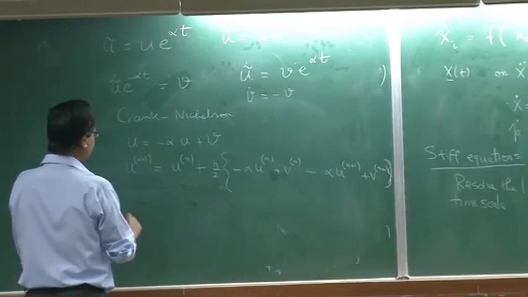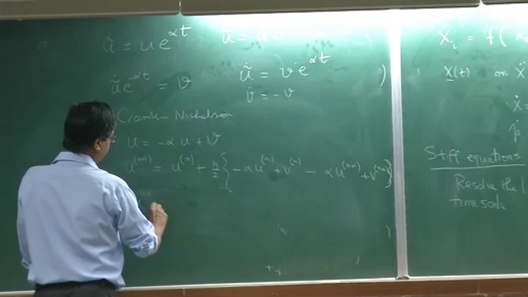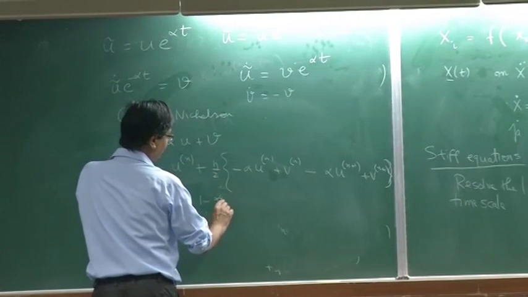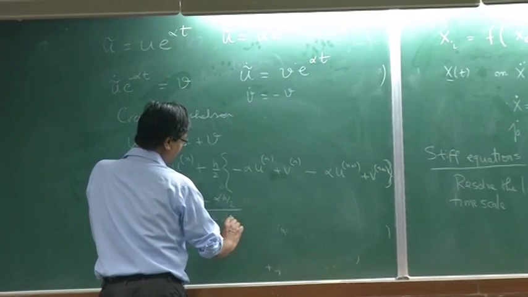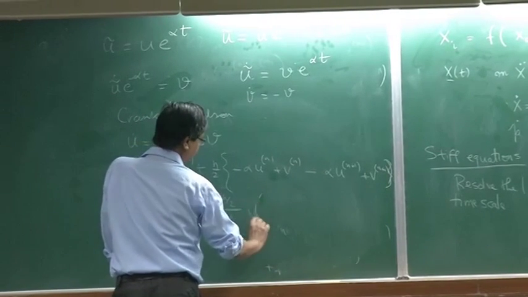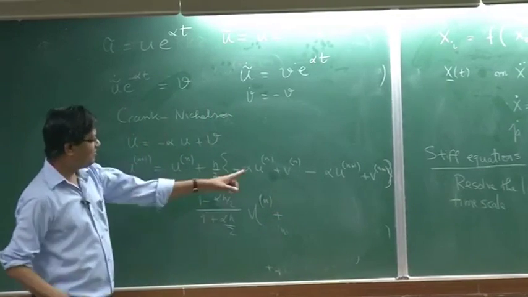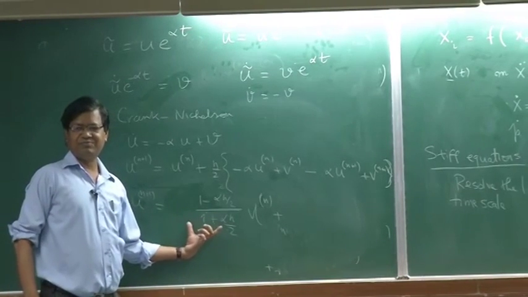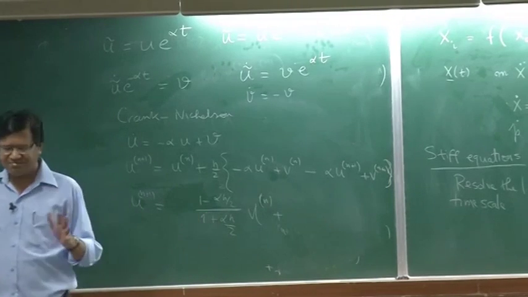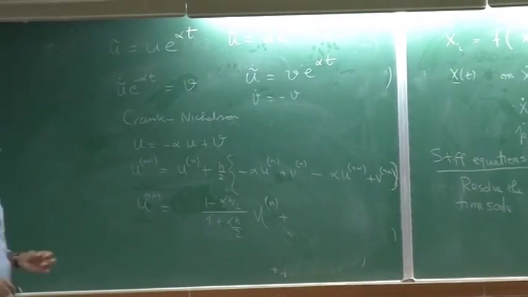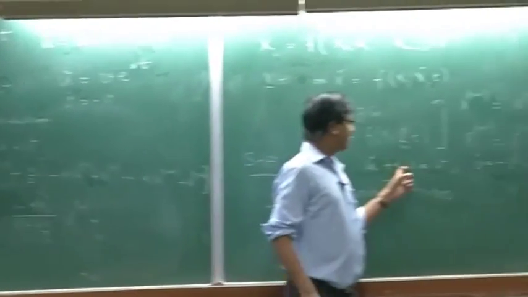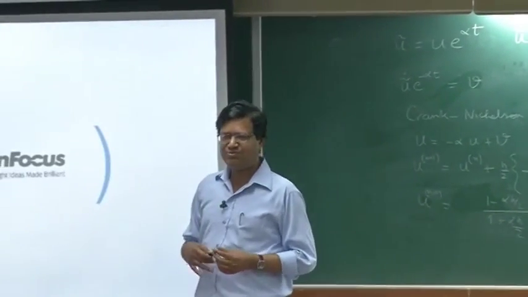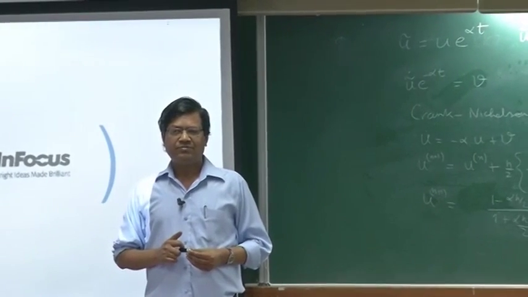Now rearrange it. Take n plus 1 to the left, I get u n plus 1 is u n times 1 minus alpha h by 2 divided by 1 plus alpha h by 2, and the v n part you have to also divide. This will give you stability. So Crank-Nicolson is a nice scheme for solving stiff equations. Remember this one, and we will do it when we do PDEs.